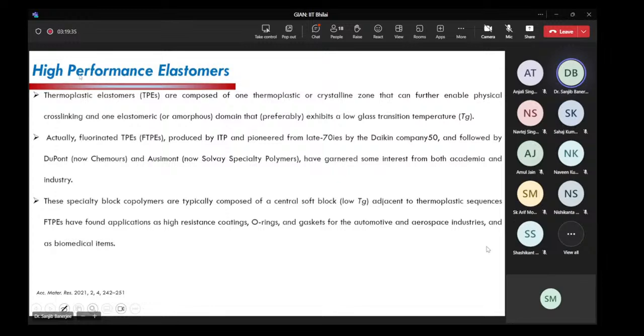Right? So broadly, whatever you explained, Navtej and Anjali, is correct, but I just tried to give you the technicalities. Let me go back to the topic. These materials preferably exhibit low glass transition temperature, meaning the material is fluid at or near ambient temperature, like silicone oil or any viscous fluid.